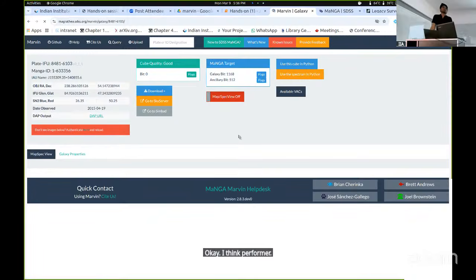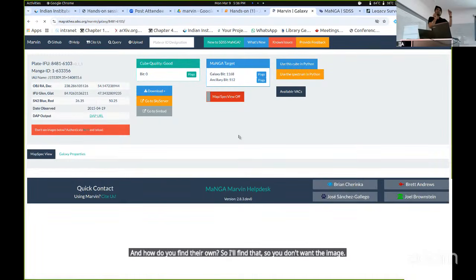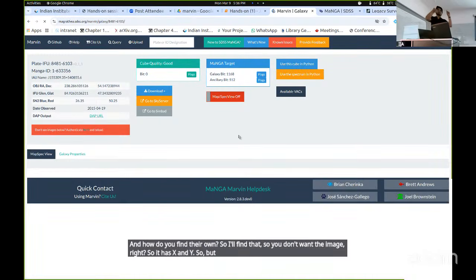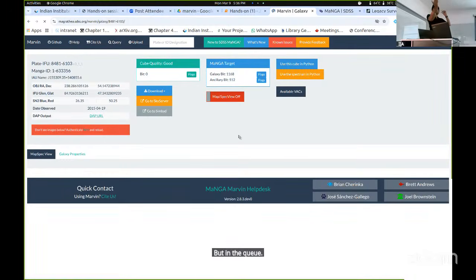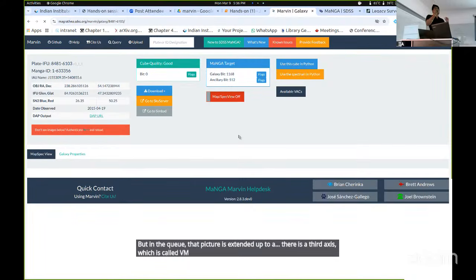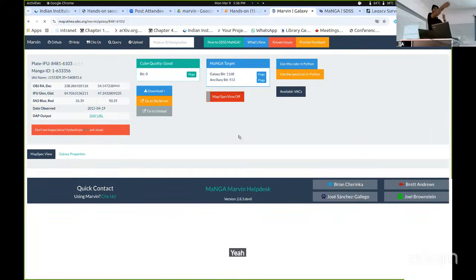Can you explain what a spaxel is, and how do you find out its size? You know about an image, right? It has X and Y. We divide the image into pixels, and that particular rectangle we call a pixel. But in a cube, that pixel is extended along wavelength, which is the third axis. That we call a spaxel.